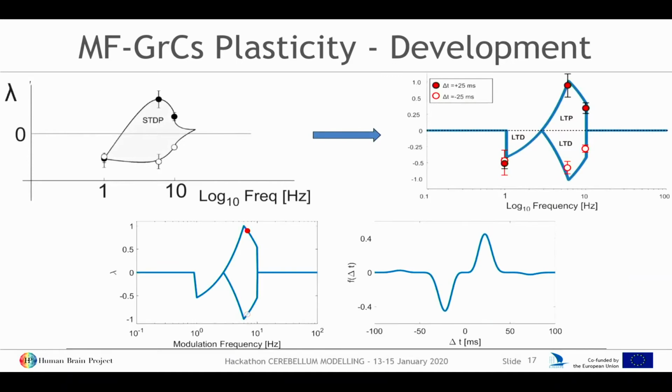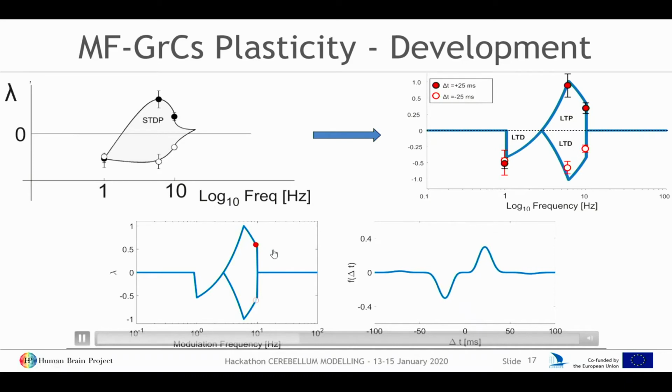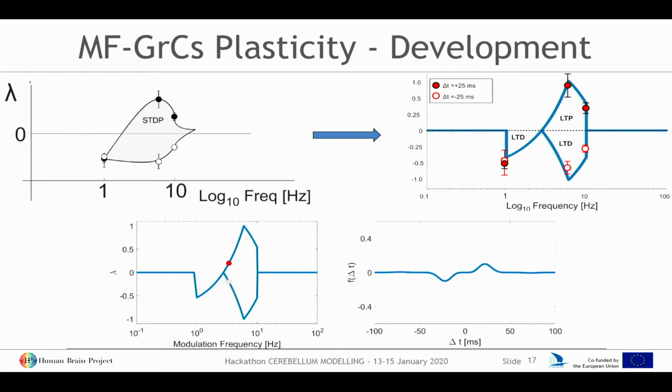So this is the behavior of the synapse. You can see those two points, which represent the delta t, positive or negative, between the firing. You can see that according to the input frequency, the shape of the kernel changes.